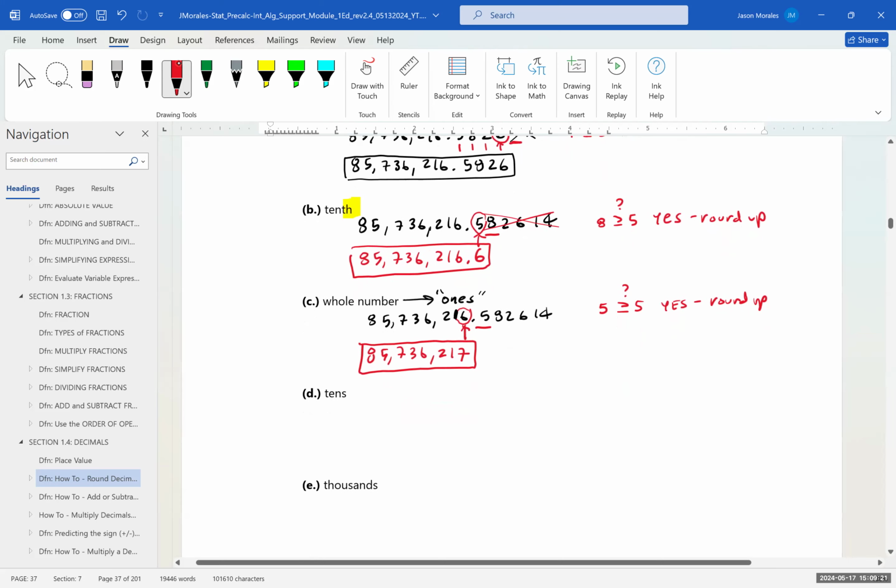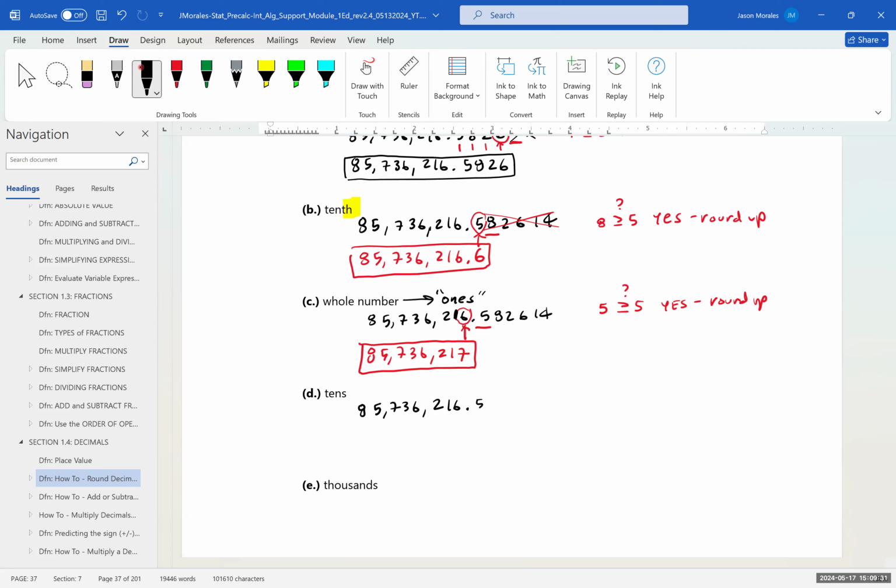Okay, now let's round it to the tens place. 85,736,216 and 582,614 millionths. I'm going to round that to the tens place. So the tens place, we've got ones, tens.